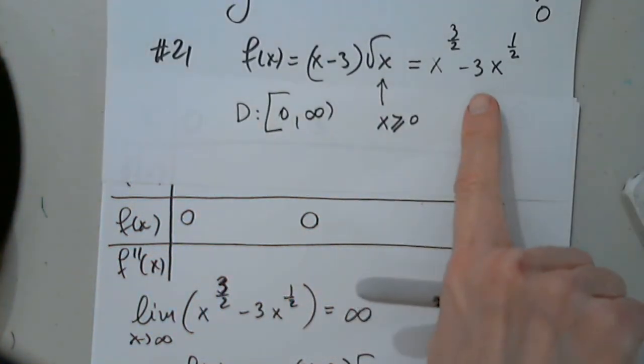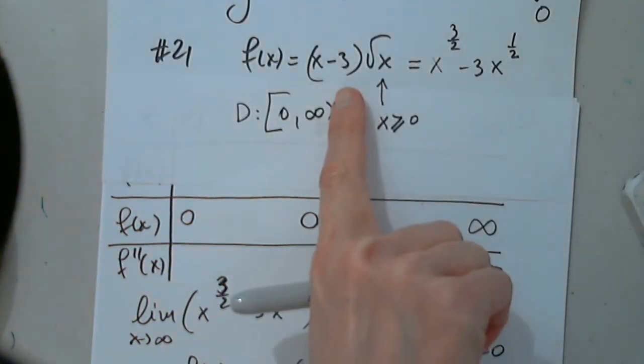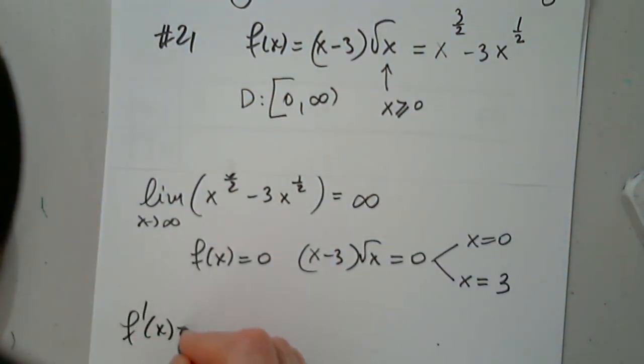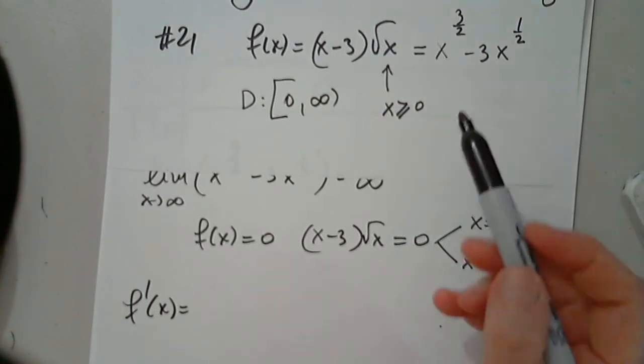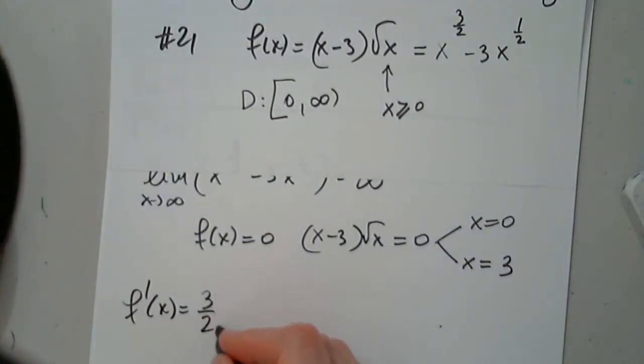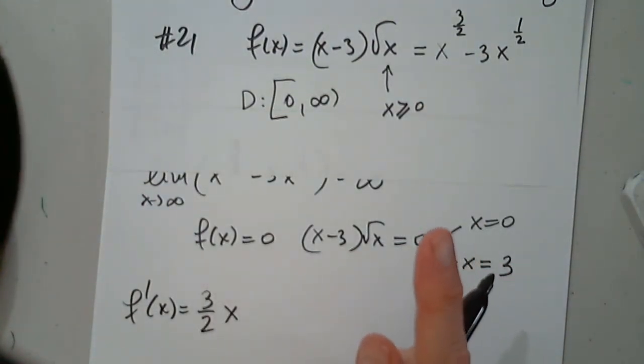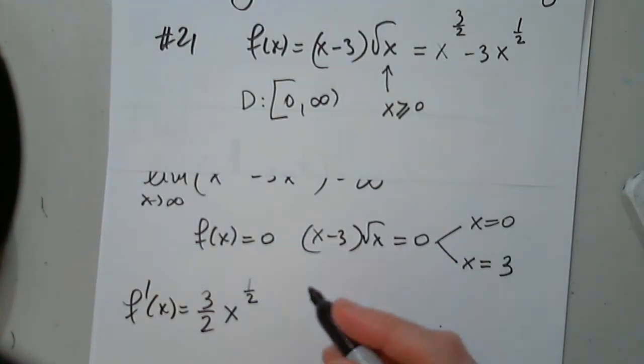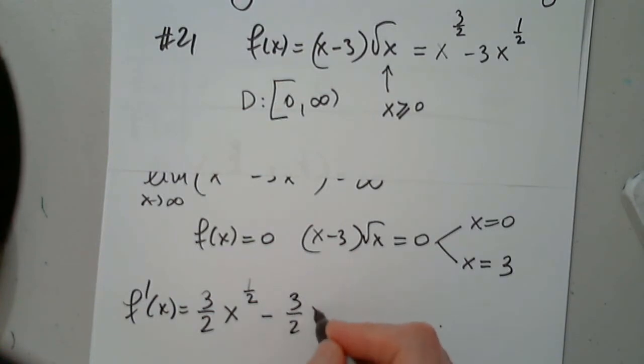Ugly, I will use this, not this, this. So f prime of x, bring down 3/2 and subtract 1 from the power. 3/2 minus 1 is 1/2. Bring down 1/2. 1/2 minus 1, negative 1/2.